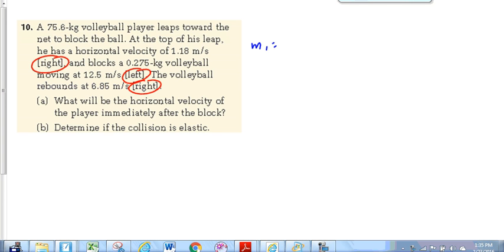M1, the player, 75.6 kilograms. M2, the ball. What's going to be affected more by this collision between the volleyball and the player? What's going to be affected more, the volleyball or the player? What's going to have a bigger change in velocity? The volleyball, right. Now, which one's going to experience a bigger force?